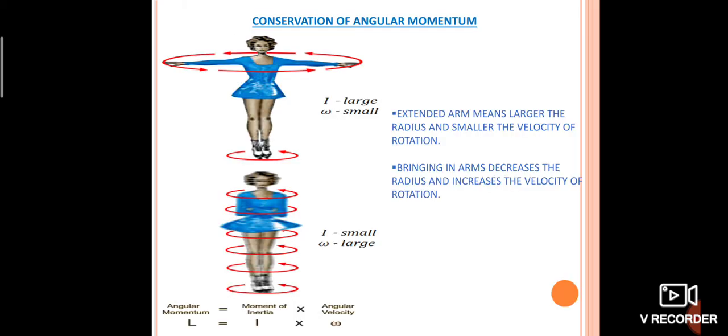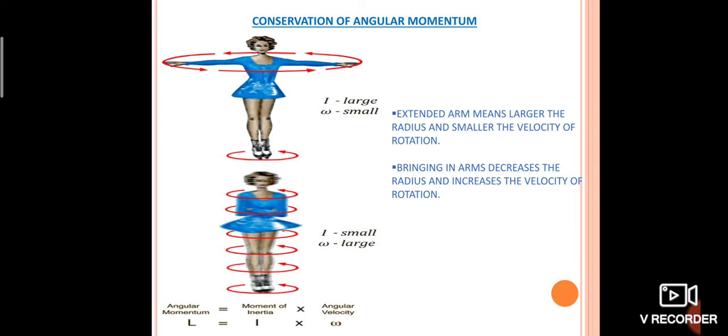The last law is law of conservation of angular momentum. Let us consider a lady performing a dance. In her dance, she is rotating around herself. Extending her arms means larger radius and smaller velocity of rotation.